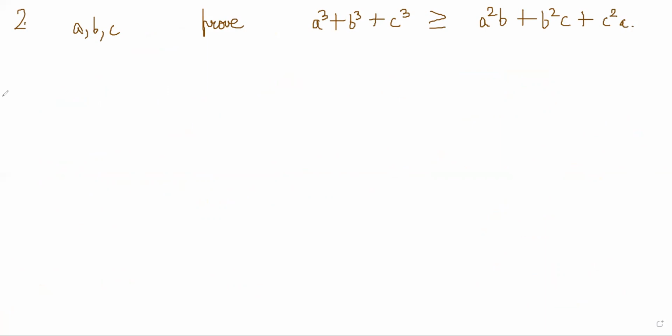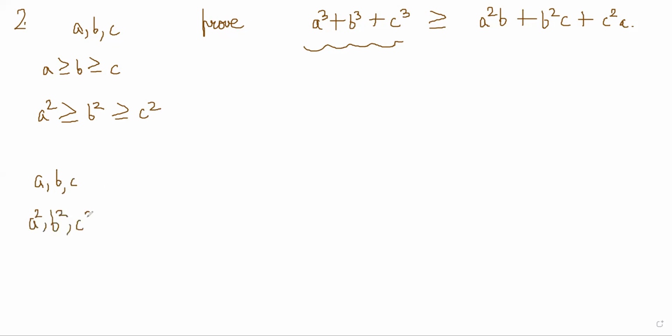Now, obviously, since this is a symmetric function, we can assume without loss of generality that A is greater than or equal to B is greater than or equal to C, which implies that A square is greater than or equal to B square is greater than or equal to C square. So now I have my two sequences for rearrangement inequality. We have these two sequences of numbers, and one time we will multiply them in the correct order.